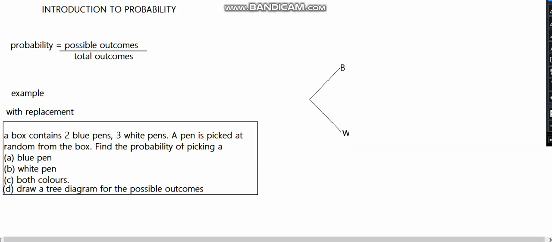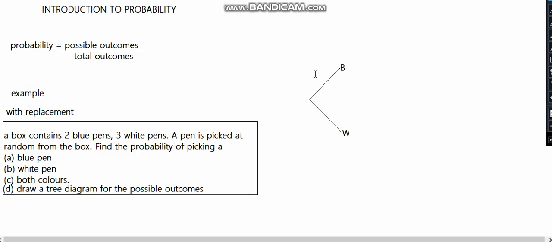Now, when you look at this, we only had one selection. It's only one pen that was picked, remember. So we only have one branch instead. If 2 pens were picked, it would have been like this, so that we show the first selection here and the second selection there. Now, since only one pen was picked, we only have one selection.